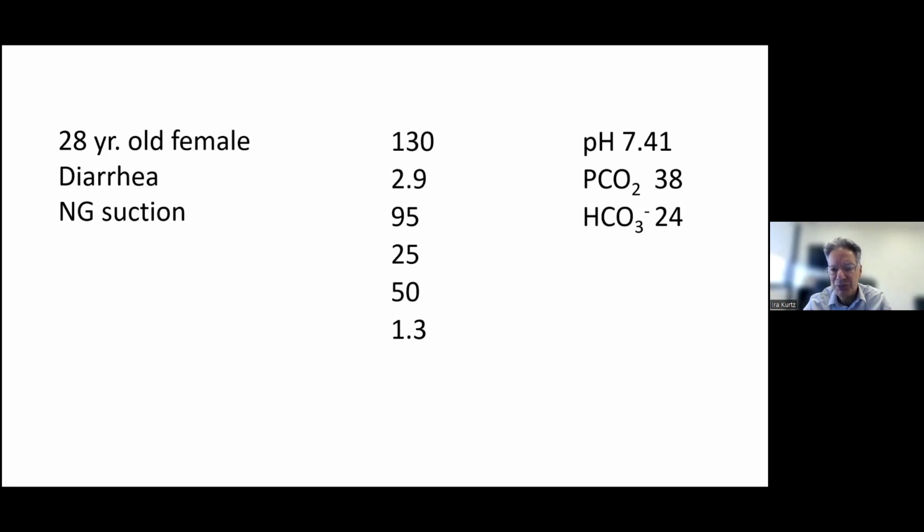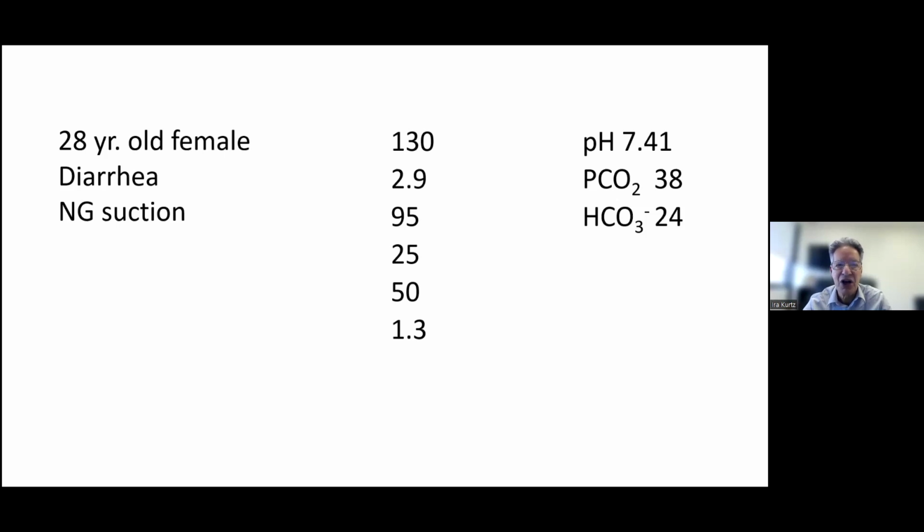Remember, large bowel diarrhea causes a metabolic alkalosis. There are congenital abnormalities, chloride losing states, but that's a large bowel issue. Remember that. You can actually distinguish where the diarrhea is coming from by the acid-base disorder.